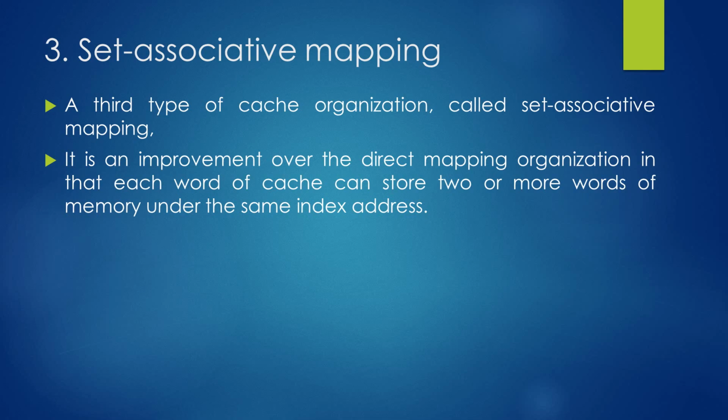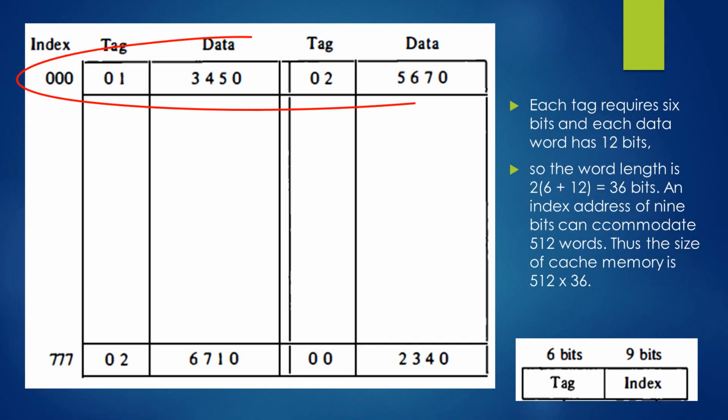Now you can see in the diagram as well that the index address is 000 but the tags are 01 and 02. So the complete address can be 01000, and the second address will be 02000. So both addresses with different tags are stored at the same index location, that is 000.